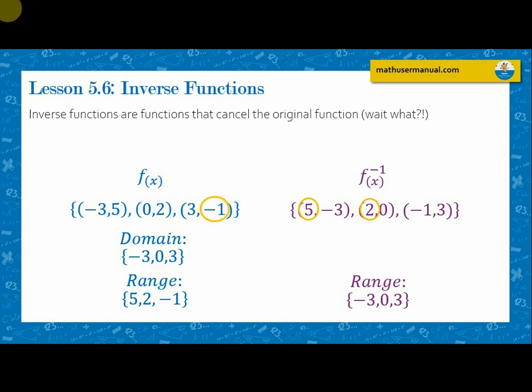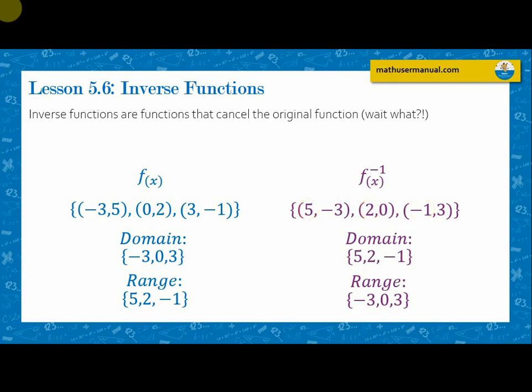And the third y coordinate in f of x, or -1, is the third x coordinate in f inverse of x. So the range in f of x is the domain in f inverse of x. And this is an idea of how inverse functions are related with respect to the domain and range.